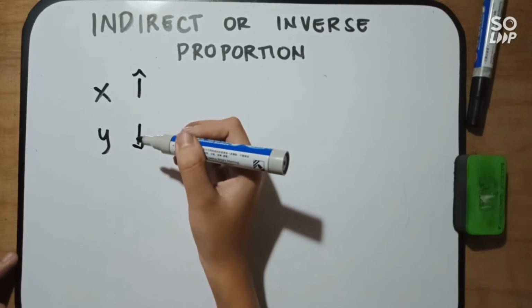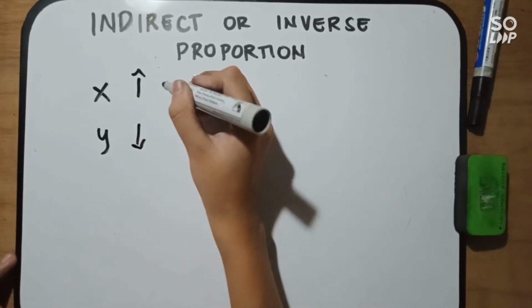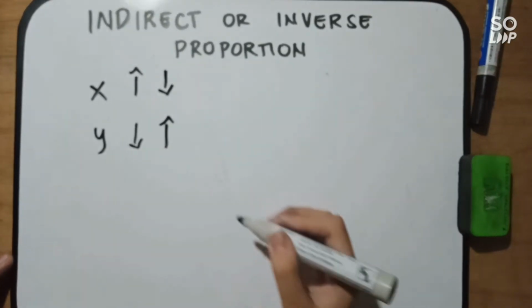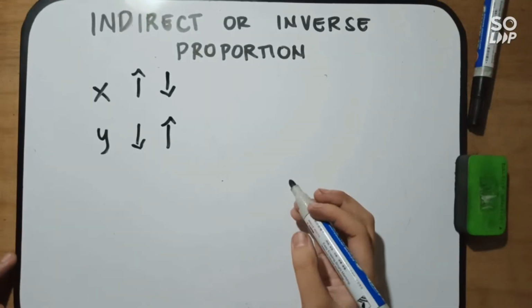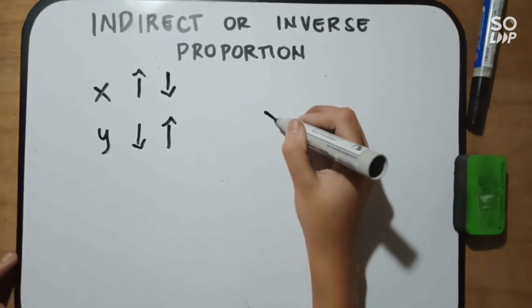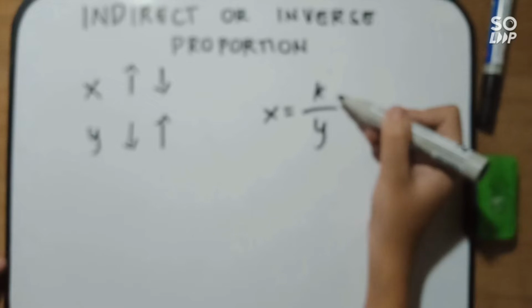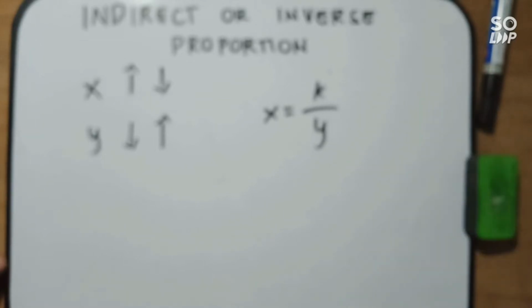And if the value of x decreases, the value of y increases. With this, it can be expressed as x equals k over y, where k is the constant of proportionality.